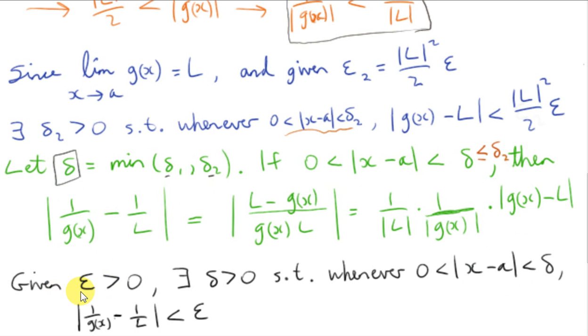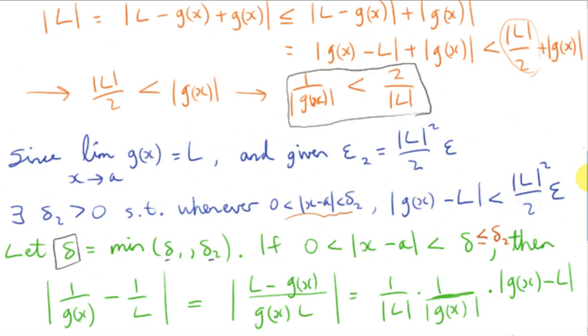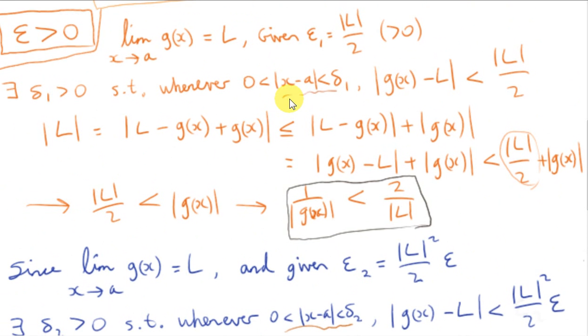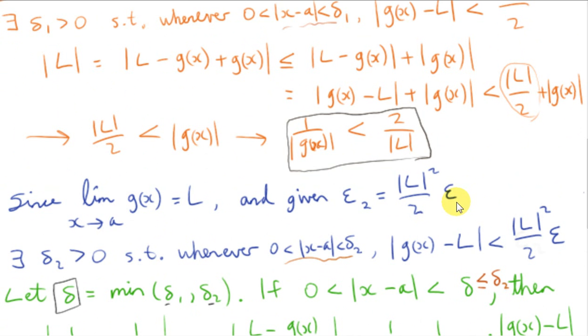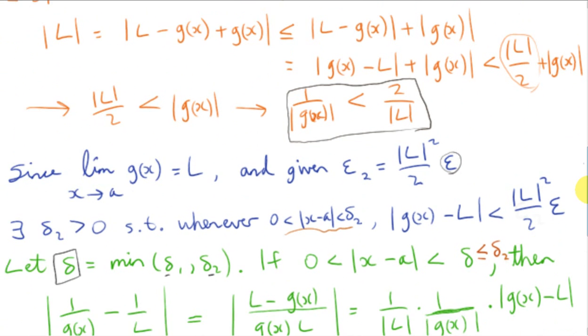So to reiterate again, given any epsilon greater than 0, that's what we chose from the outset at the very start. Up here we didn't use it right away, but we actually used it down here when we were creating this other epsilon, epsilon 2.